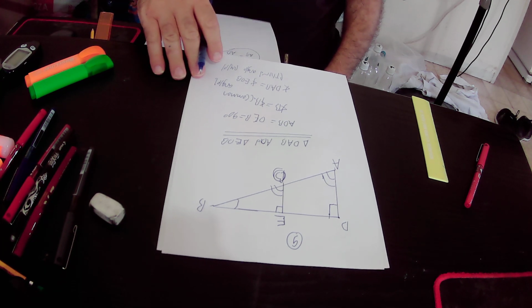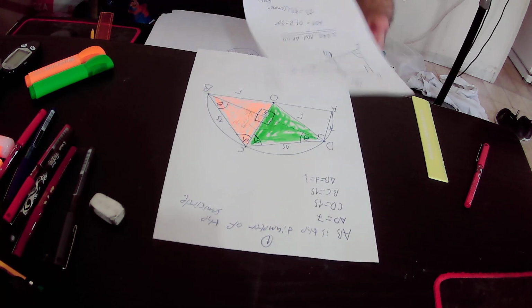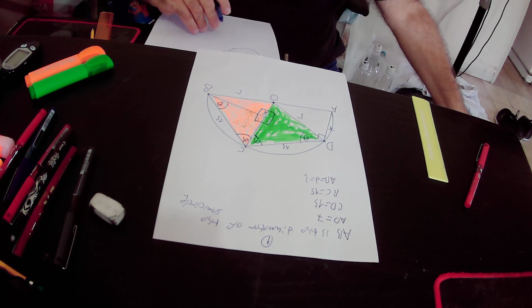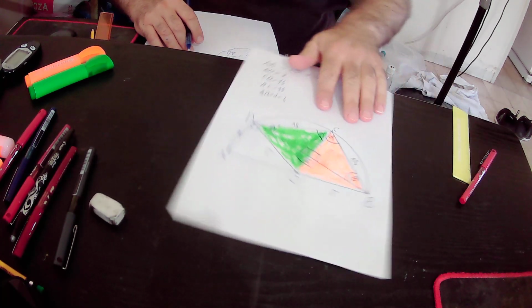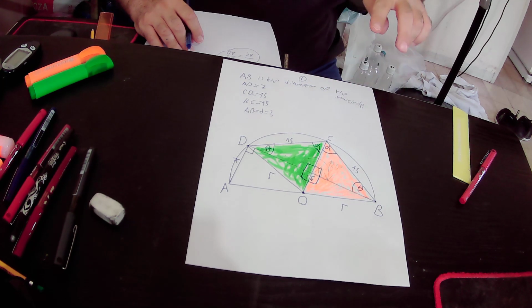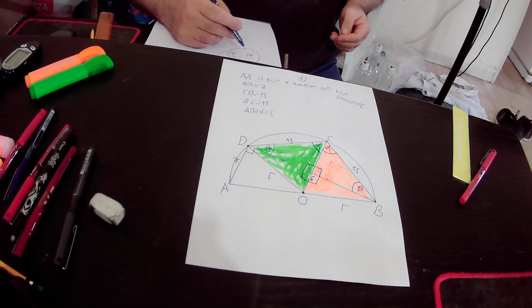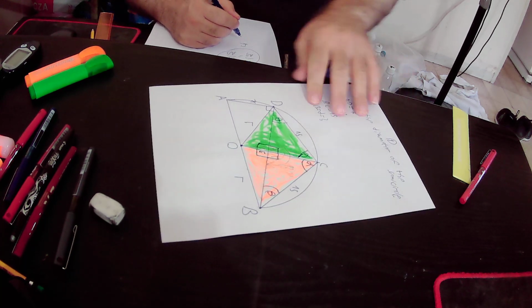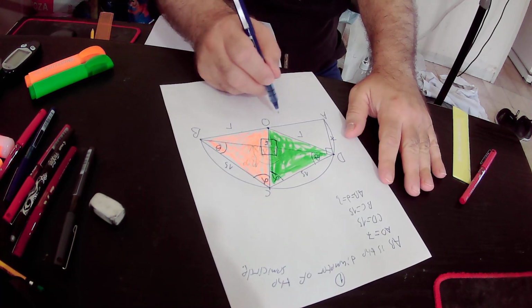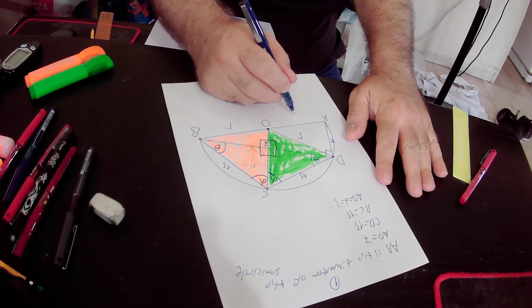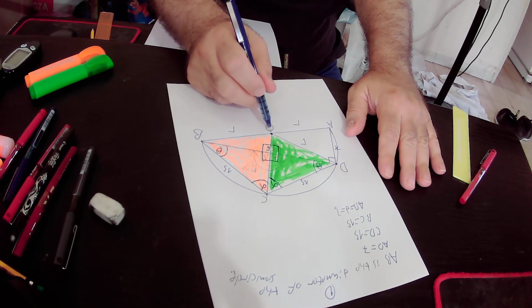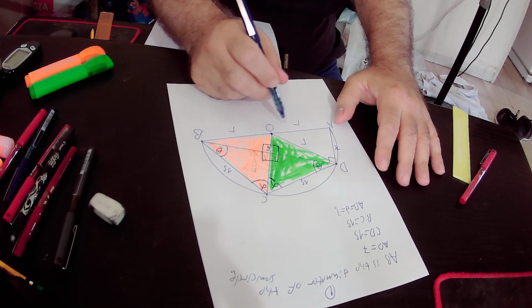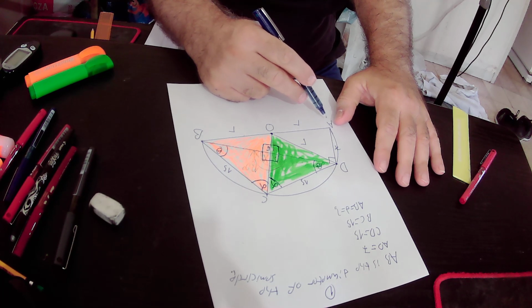But what is the value of OB? The value of OB is R, the radius of the semicircle. And we also know that AO is also the radius of this semicircle because it starts from the center of the semicircle and ends at point E, that is a point on the semicircle itself.